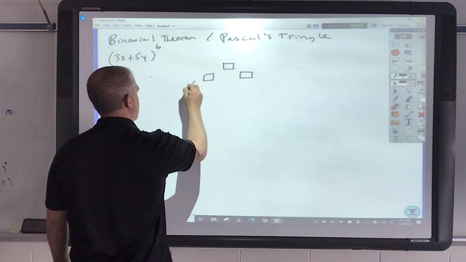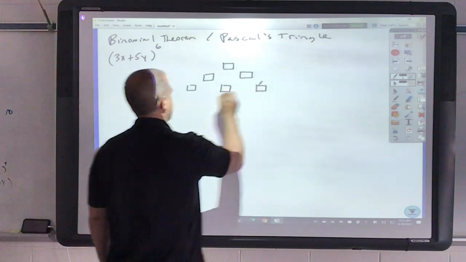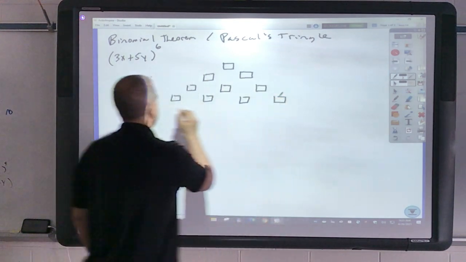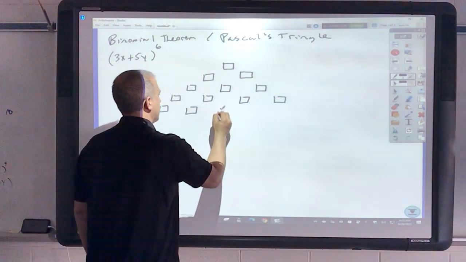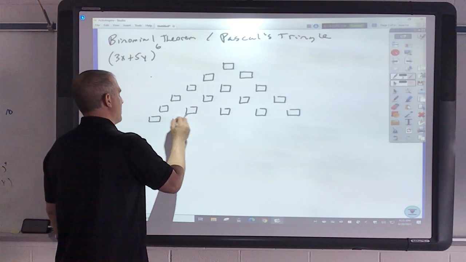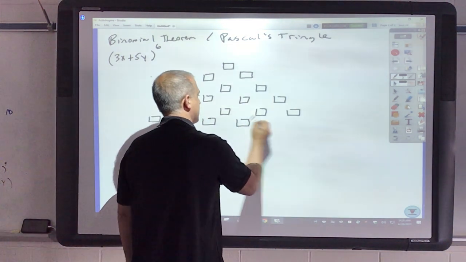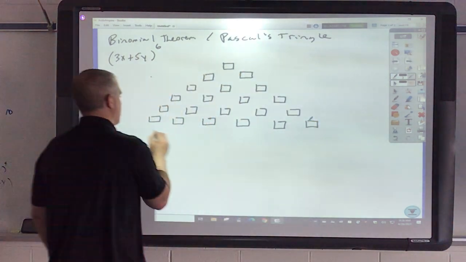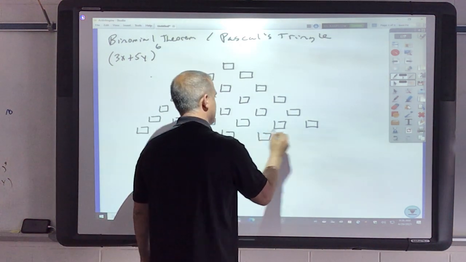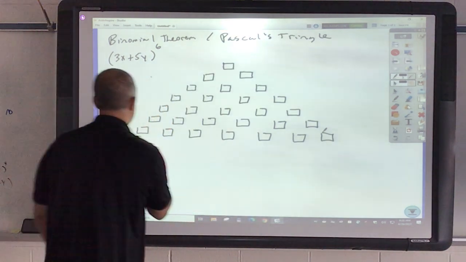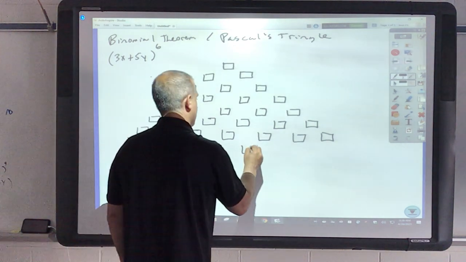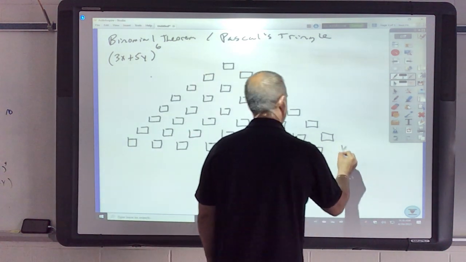So outside of here, inside, outside. Let's continue that pattern. Outside, inside, inside, outside. Outside, inside, inside, inside, outside. Continuing each row with one more inside square each time.